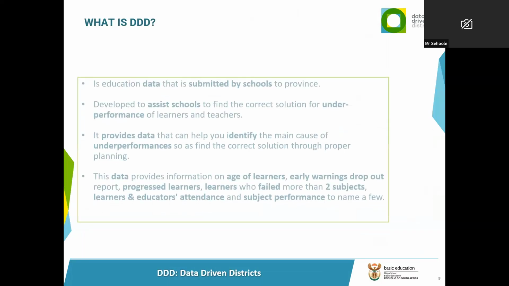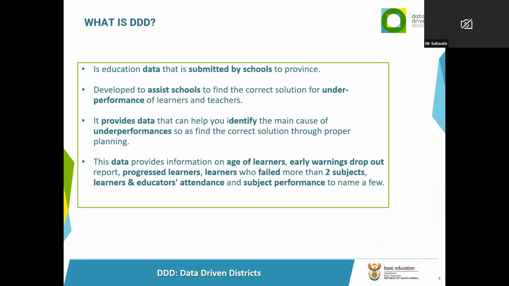Now, let us just go to this question. What is the DDD Dashboard or DDD? DDD is education data that is submitted by the schools to the province. We submit this information every Friday so that the department and the province can know what is happening at our school.